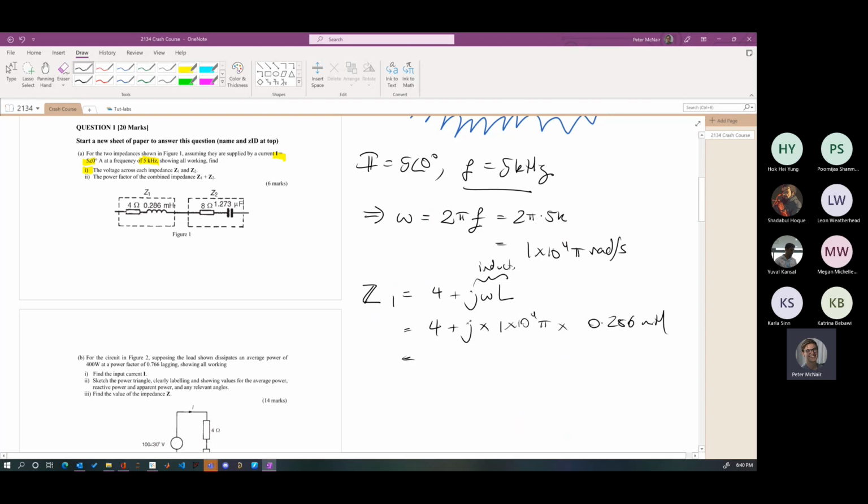And this is equal to 4 plus j 8.98 ohms, which we can convert to our polar form. It becomes 9.8 angle 66 degrees. Just check my working there. Hopefully that's all right.